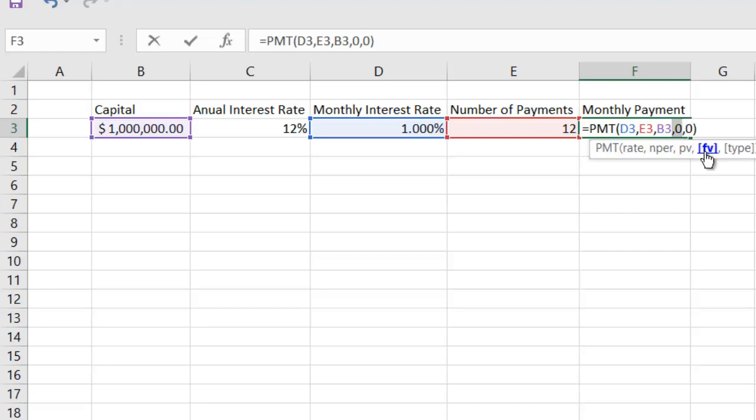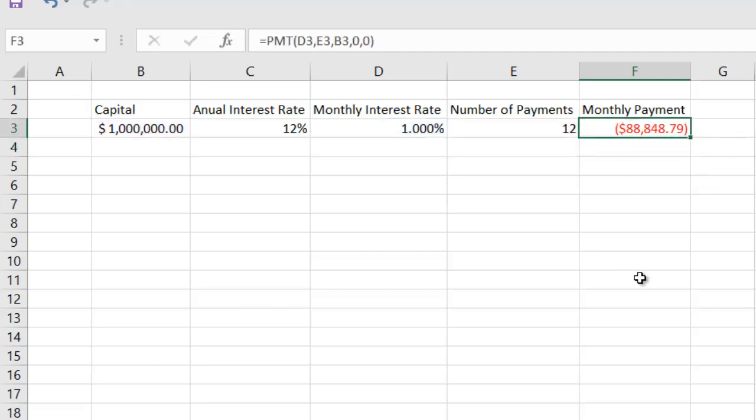The final value of this iteration will be 0. And of course the type is whether you make the payments at the beginning of the period or at the end of the period. You always make it at the end of the period. So let's just type 0 and 0.